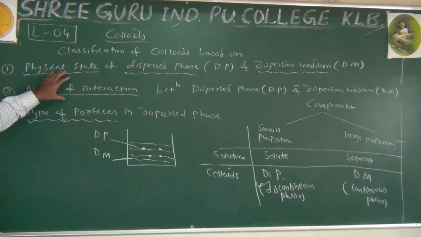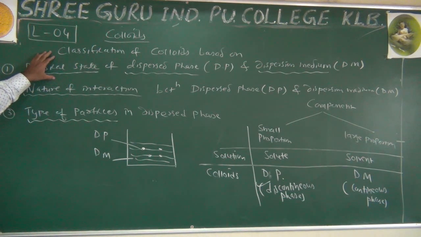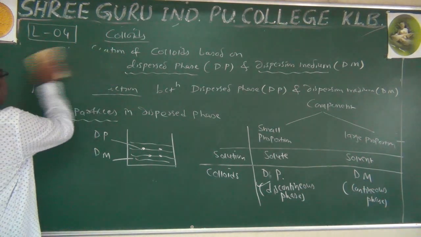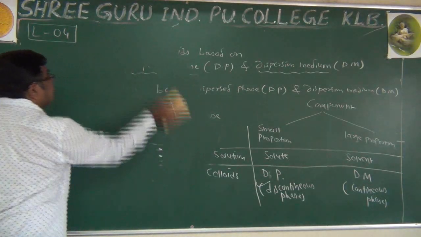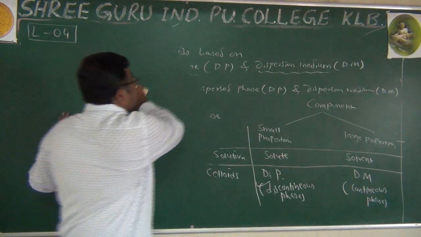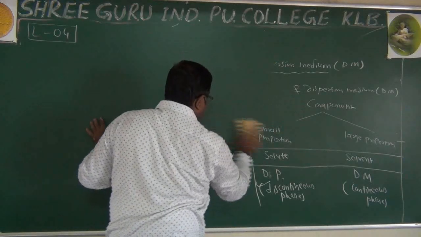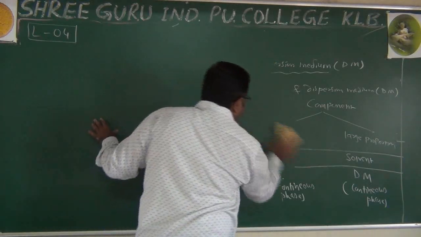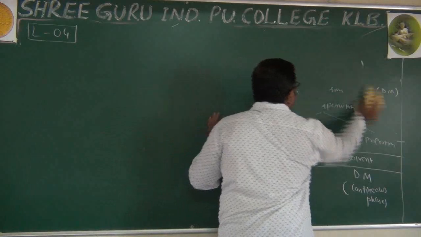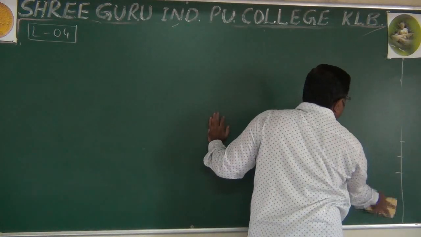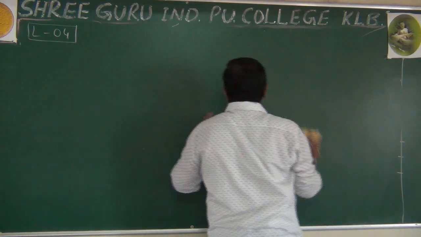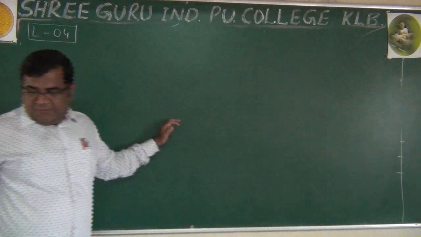So first we'll classify them on the basis of physical state of dispersed phase and dispersion medium. For that I will make one very important table. A question can be asked for 1 mark from this table. So first I will make columns. See how I am making this table. You have to understand and remember this table. Practice is of course needed.